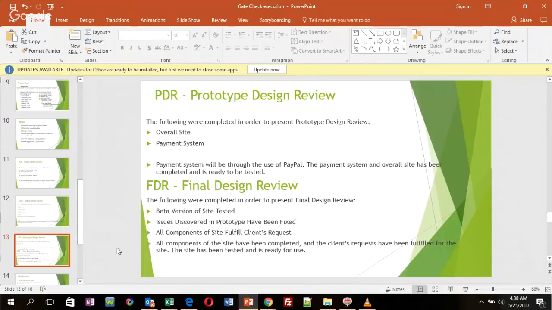In the final design review, we did our final testing of the site and all the issues that were discovered in terms of responsiveness of the site and all other issues were fixed by the team, and all components of the site were shown to the client for approval.